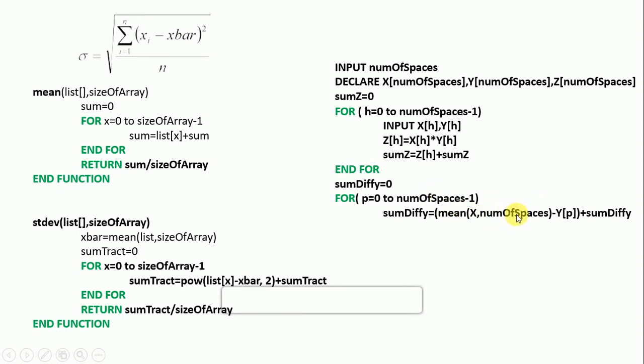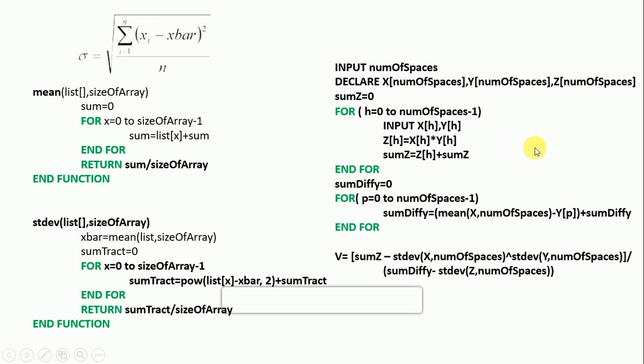You can put it in a variable if you want, no big deal. Minus y. So this whole thing can be in a variable called x bar. You can do that up here or wherever. And then you take the values of y from it anytime the loop runs. So sum diff is going to be like this. And then you end your for loop.